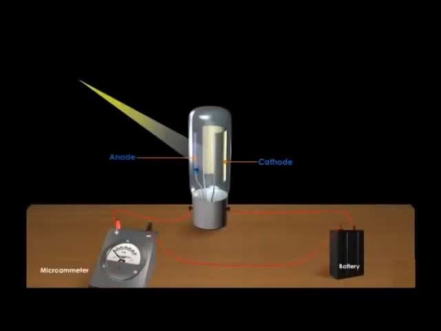Light falling on the cathode causes the liberation of electrons, which are then attracted by the positively charged anode, resulting in a flow of current proportional to the intensity of the incident radiation. Phototubes are either evacuated or filled with an inert gas at low pressure to achieve greater sensitivity.